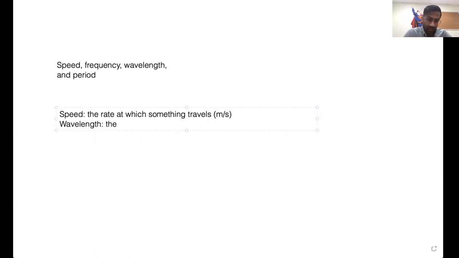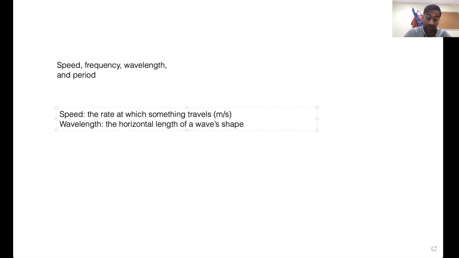And I'm going to be very simple again. I'm just going to say the length, the horizontal length of a wave's shape. Okay, and I'm going to expand on that a little bit.